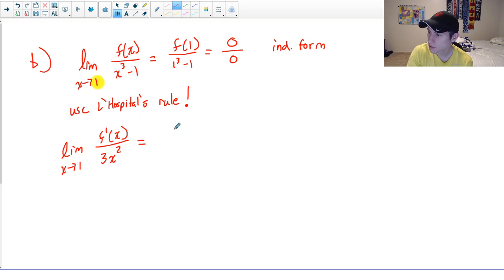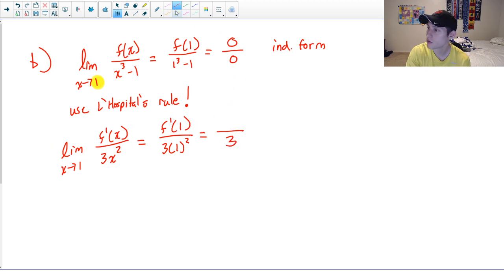Okay, so now let's try to plug in 1, see what we get. So f prime of 1, over 3 times 1 squared. So the denominator would be 1 squared is 1, 1 times 3 is 3.